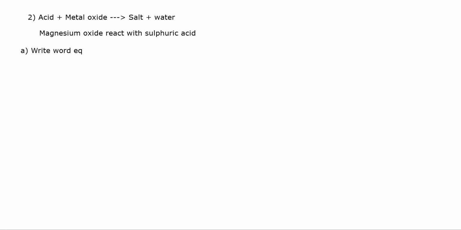So what will be the word equation? Magnesium oxide is reacting with sulfuric acid. So the word equation will be magnesium oxide plus sulfuric acid. What will be the result if we are completing a word equation?